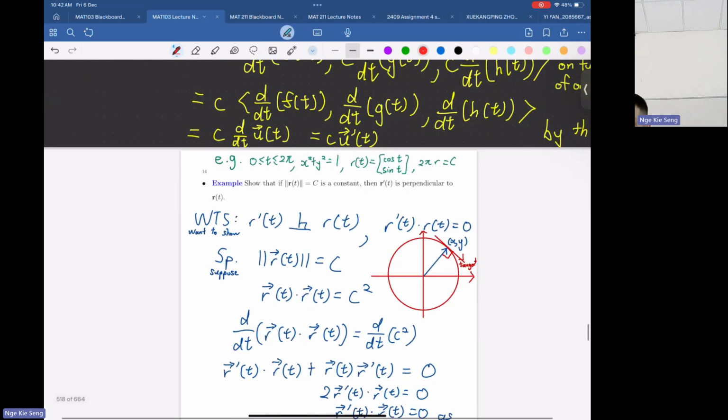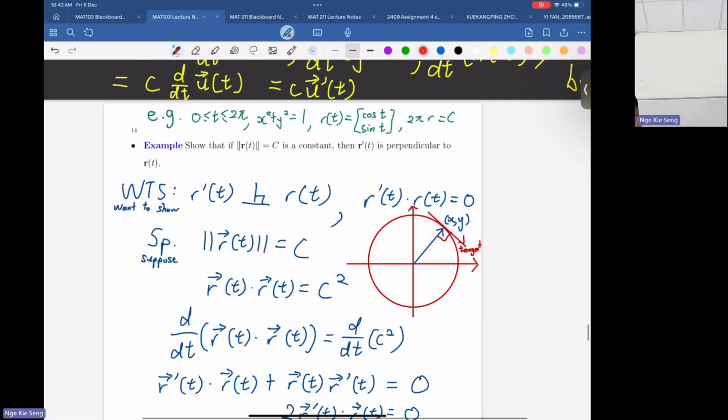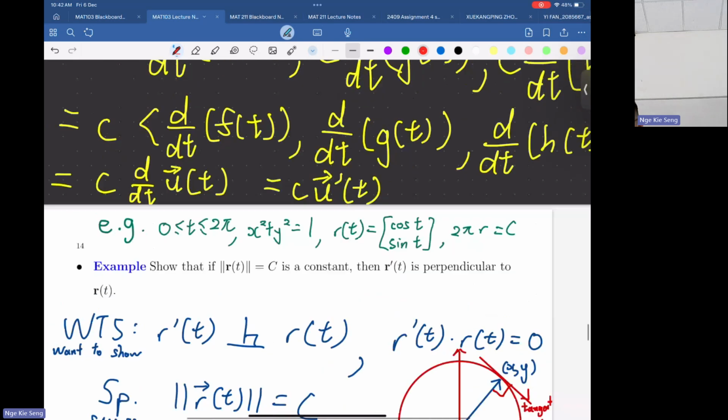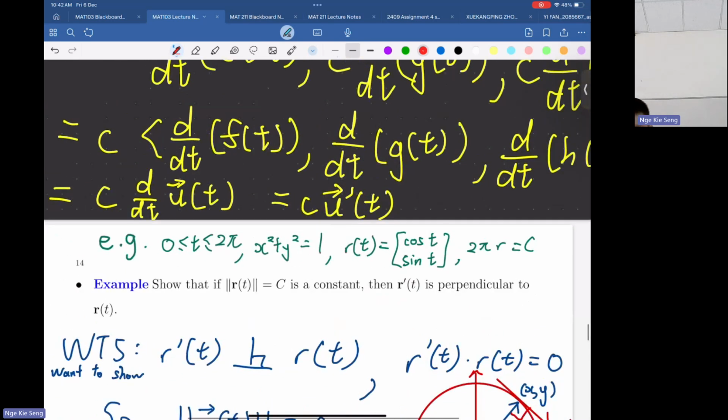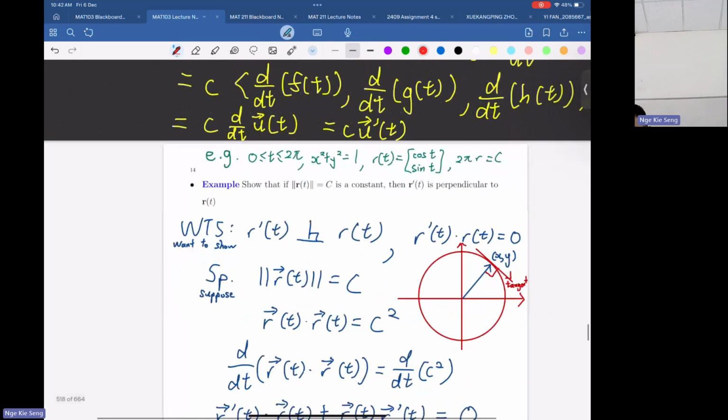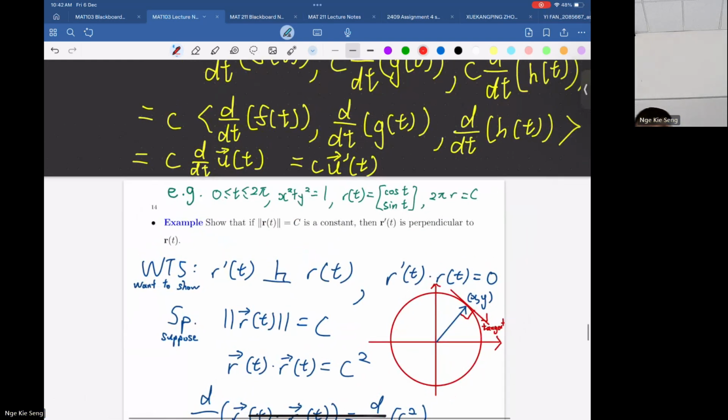So how to prove this? Well, there's only one thing you can start with. This kind of statement is very easy because there's only really one thing you can work with. So you just start with what you have. What does it mean that the length of r(t) is c? This just says that the dot product of r(t) with itself is c squared. But you want to know something about r'(t).